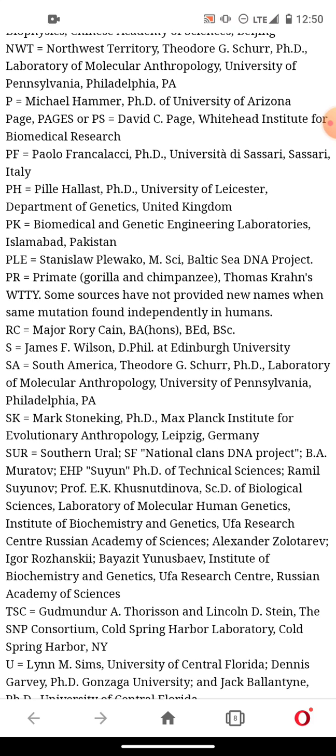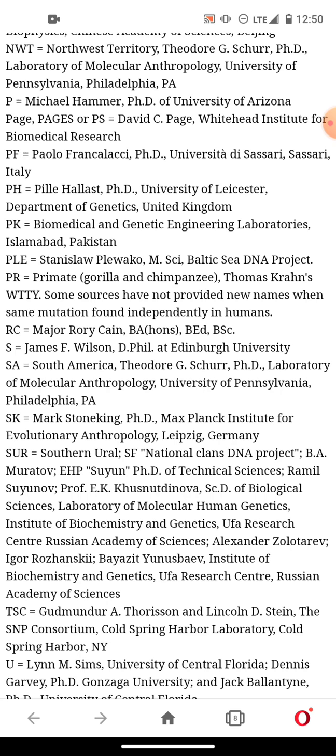Certain groupings of E1b1a branches have several mutation markers or numbers to figure out what subclade you belong to. Some have one, some have two, some have three. It just depends.